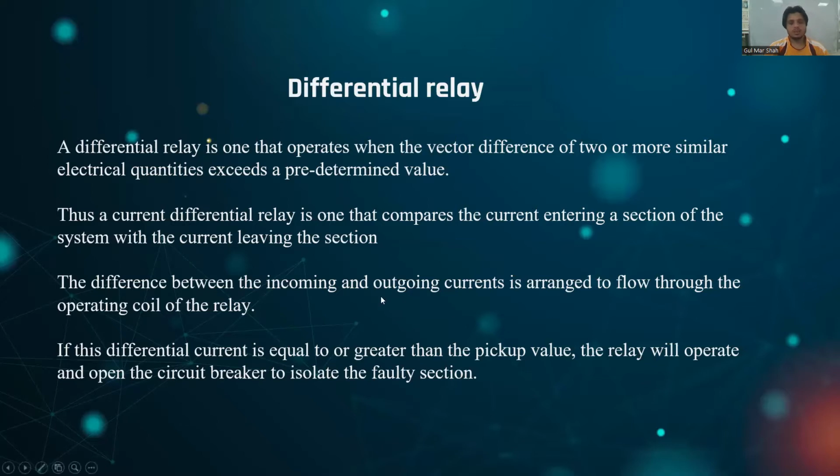If there is a difference between the incoming and outgoing current flowing through the operating coil, the relay will generate a trip signal to the circuit breaker in order to isolate the faulty system from the rest of the system. If this difference of current is greater than the pickup value which we have set in the setting, then the relay will operate and the circuit breaker will isolate the faulty section.